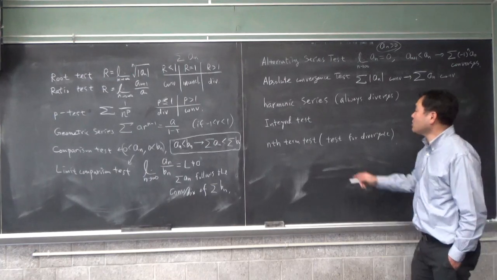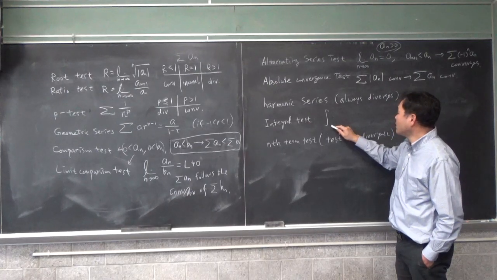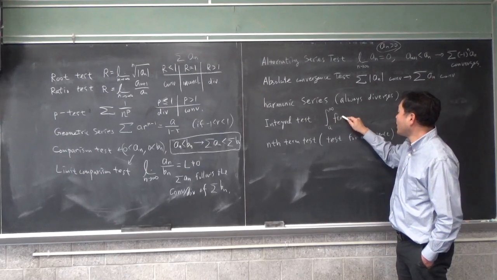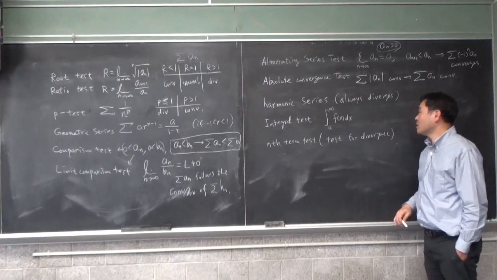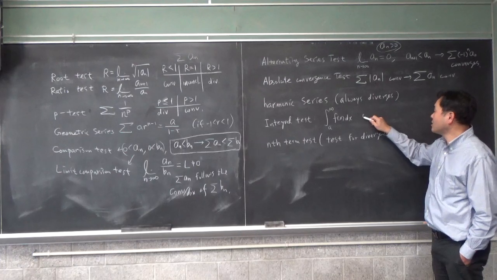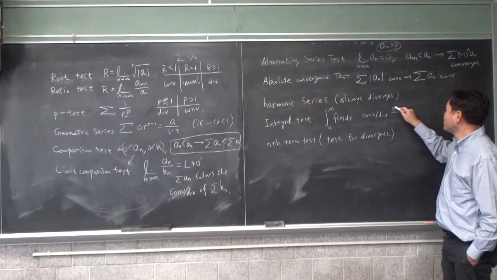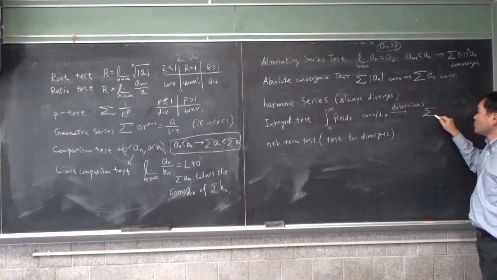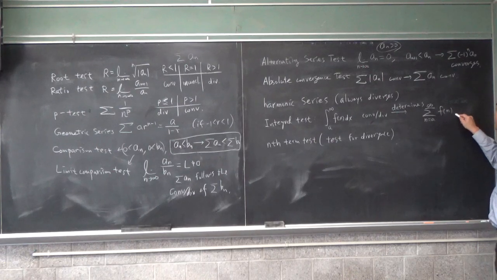Okay, so the integral test is that you have the integral of f(x) dx from a to infinity, whether this converges or not determines the summation from n equals a to infinity of f(n).